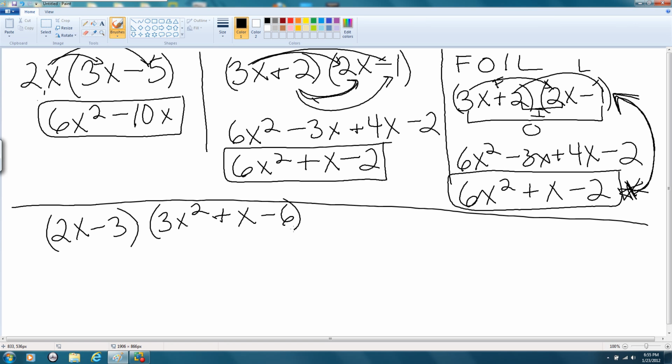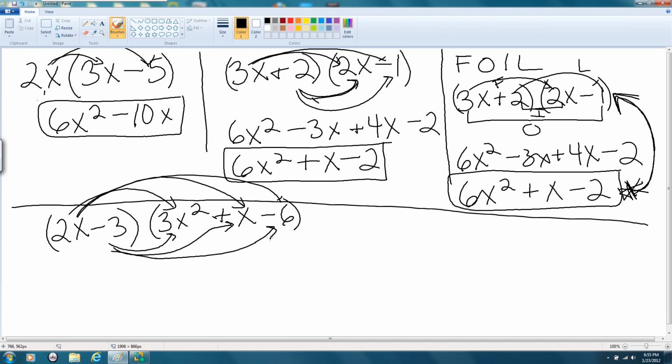Okay, so I have to make sure this term hits each of these, and then this term hits each of these over there, and this one hits here.